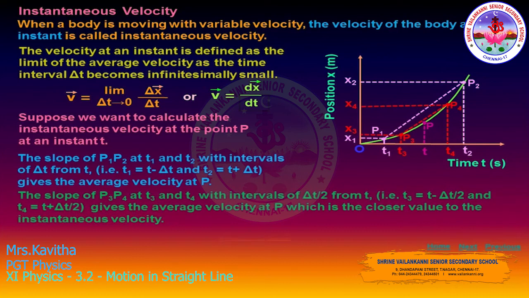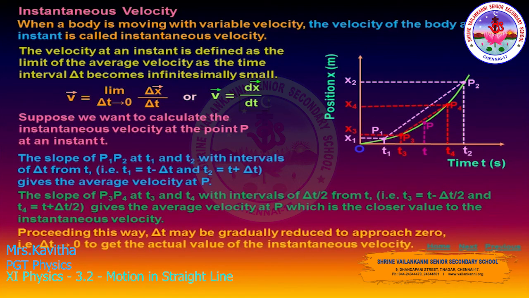Now the two points which we have taken next: the slope of P3 and P4 at T3 and T4 at intervals of del t by 2, that means T3 equals t minus del t by 2 and T4 equals t plus del t by 2, which gives the average velocity at P, which is closer to the instantaneous velocity.